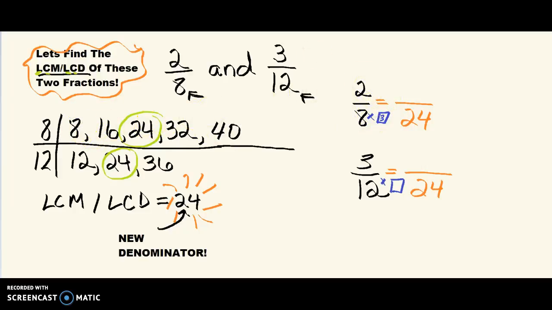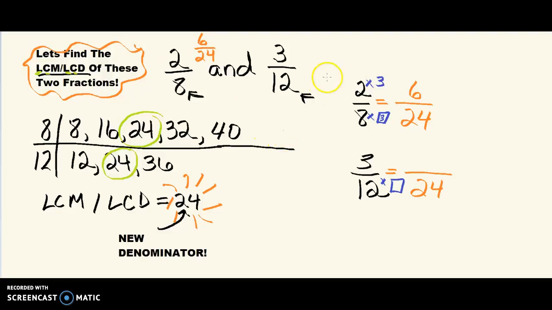Okay, then I'm going to also multiply by 3 up here. Now 2 times 3 is what? 6. So now this fraction is 6/24. It's still the same amount.